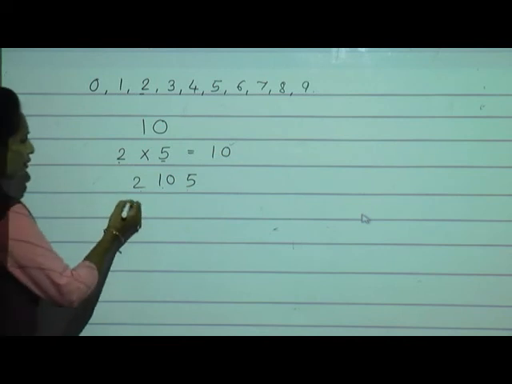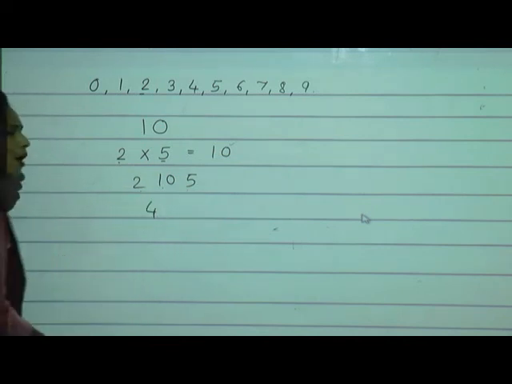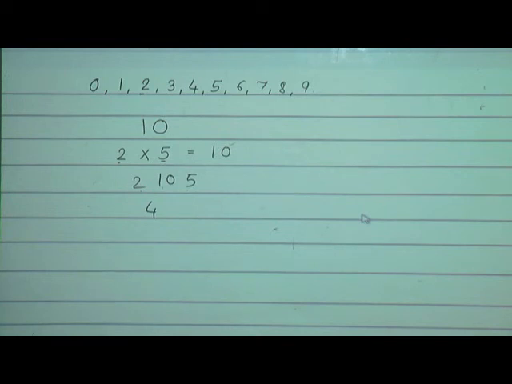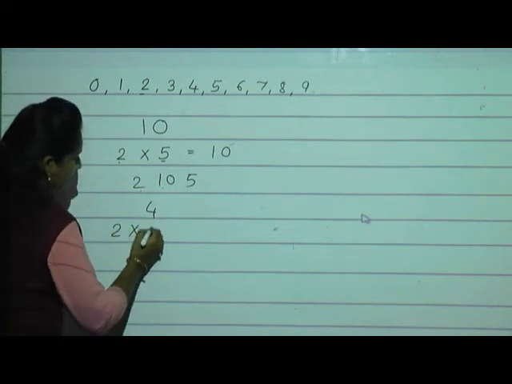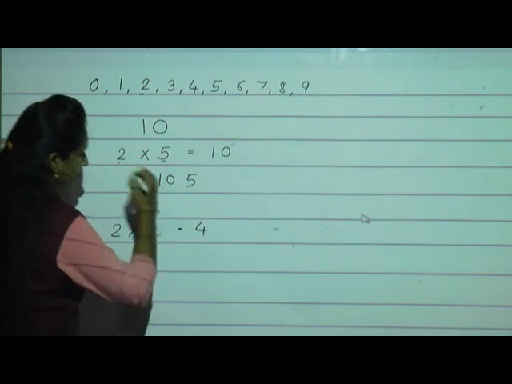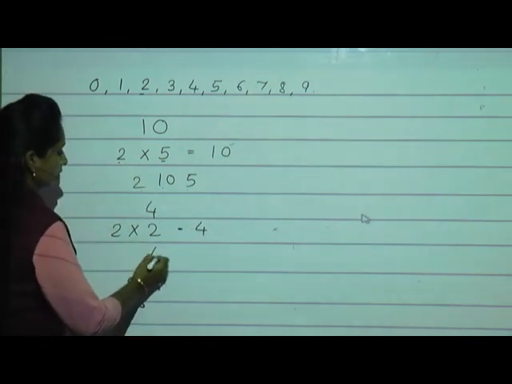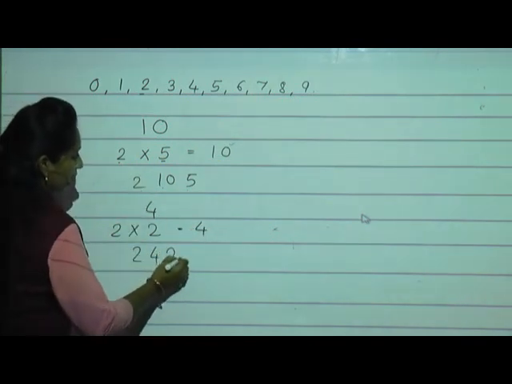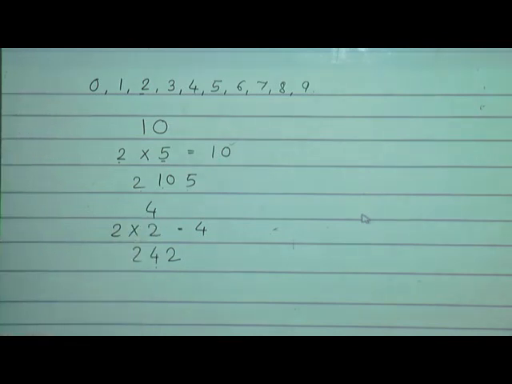Similarly, even 4 was also thinking, how was I formed? Which two numbers, if we multiply, we get 4? You can think similarly. 2 multiplied by 2 means we get 4. So here 2 and 2 are also friends of 4.